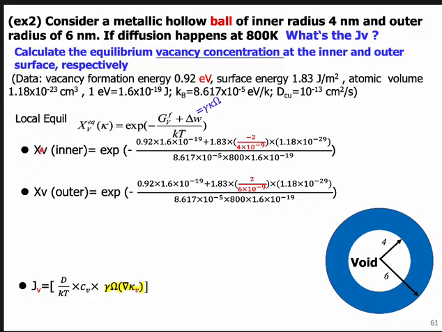Since I have XV, if I ask you about the concentration, it should be converted to concentration by dividing by the average atomic volume. So you will get the CV inner and CV outer.